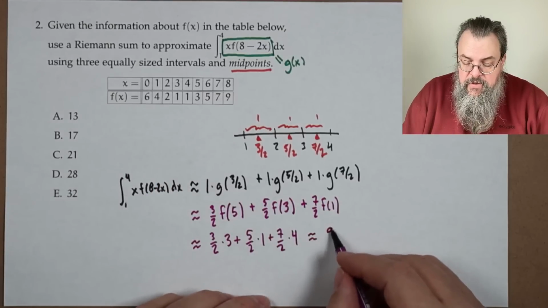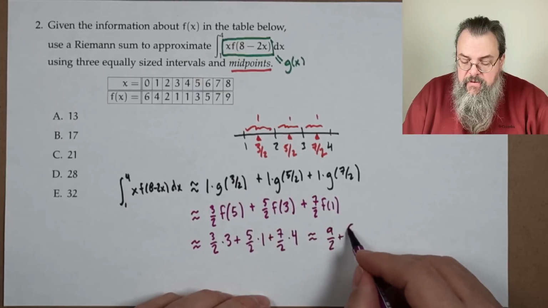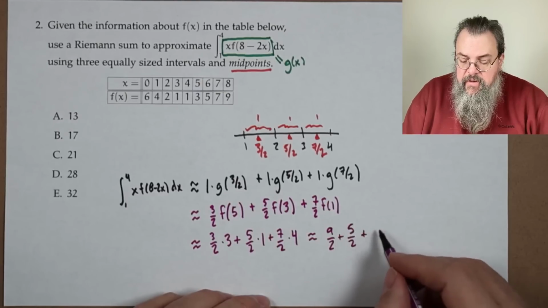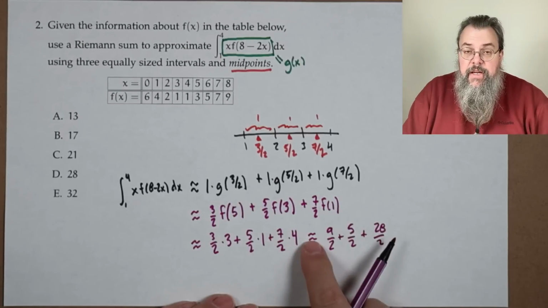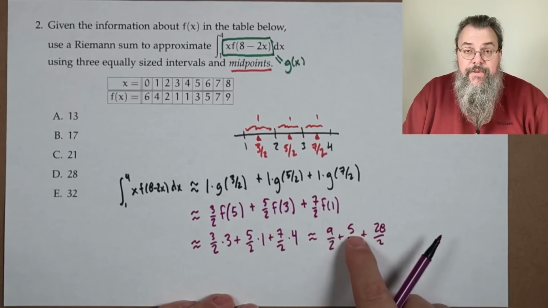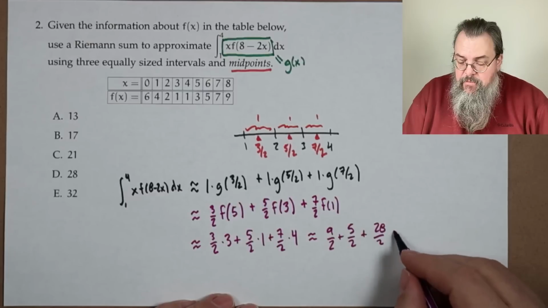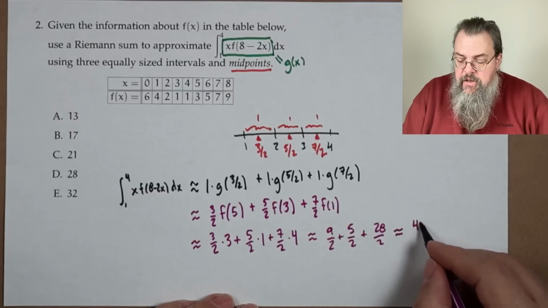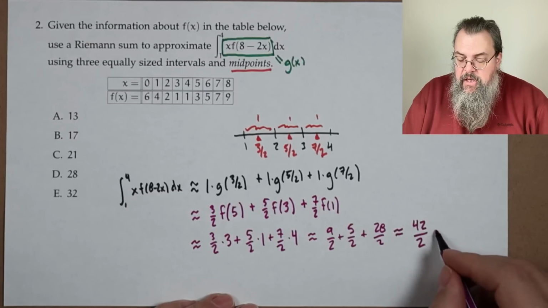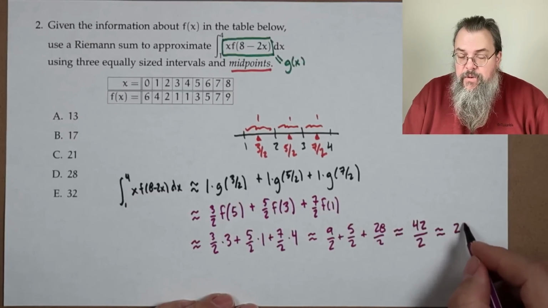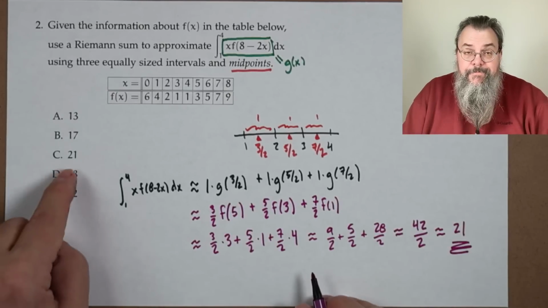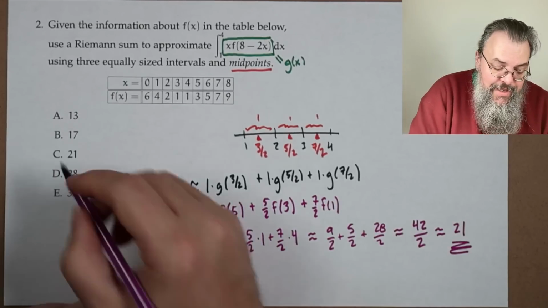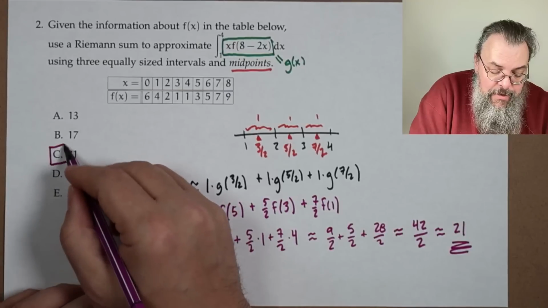We get 9 over 2 plus 5 over 2 plus 28 over 2. Just carrying out that computation: 9 plus 5 is 14 plus 28 makes 42 over 2. And 42 divided by 2 is 21. And that's one of our options. So there we go, 21.